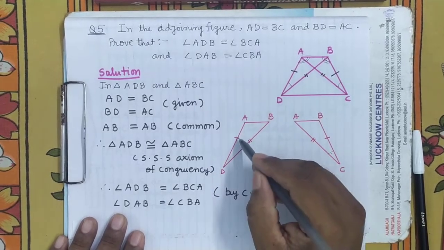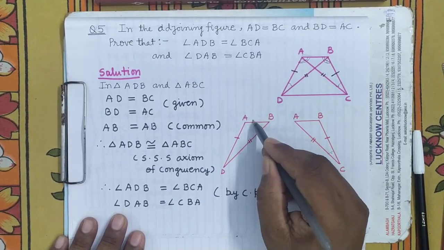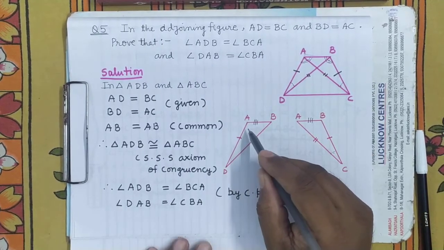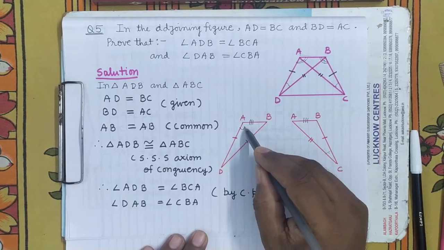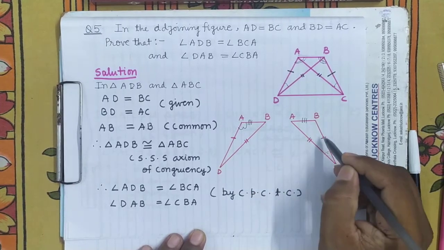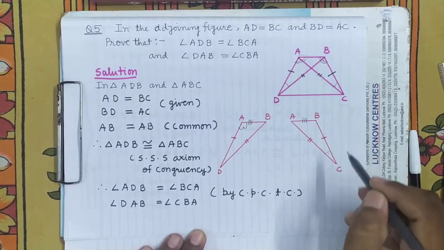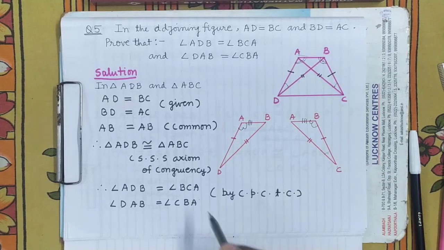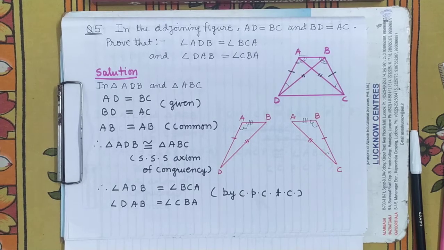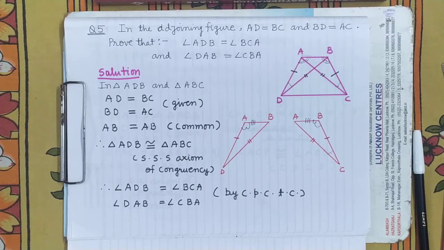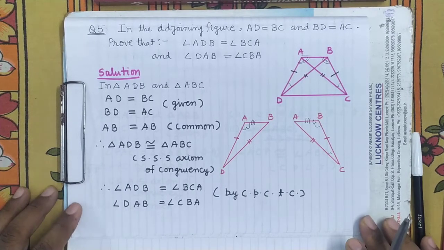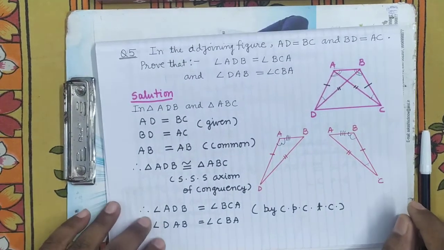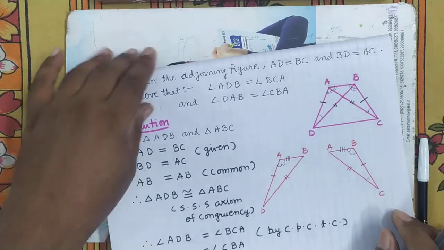Then the first and third sides are including angle DAB, and here the first and third are including angle CBA. So both will be equal by CPCTC. I hope that it will be clear to you. You have understood this. Now, see the next question.